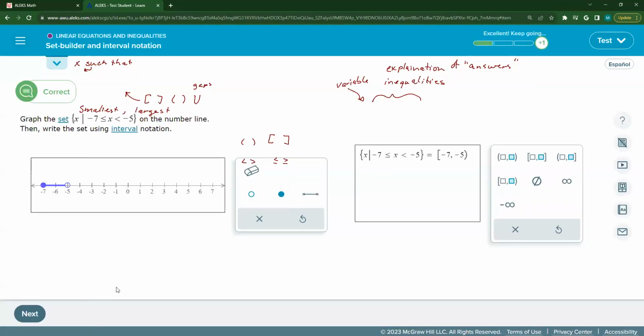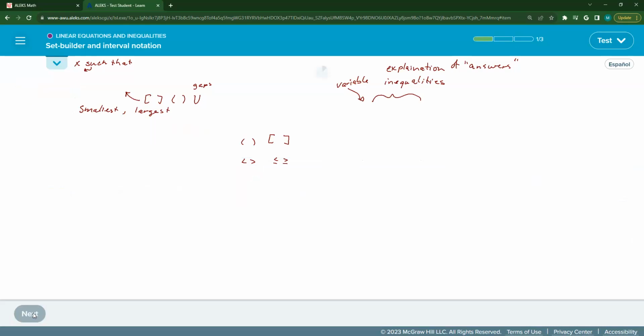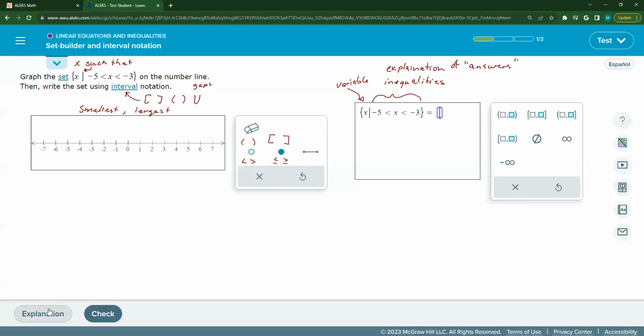Cool. We're going to do another one of these, and we're going to see if all of my writing still works with everything. So hopefully it still lines up. So in this case, we are starting with -5. It has got a less than, so it doesn't have the line underneath it. So it's going to be an open circle at -5.